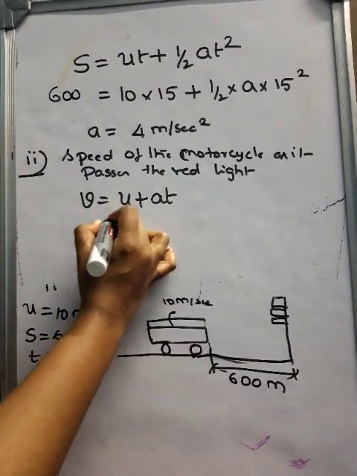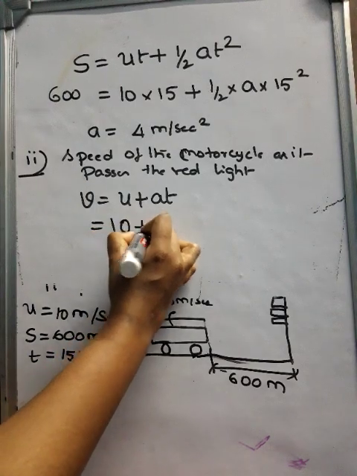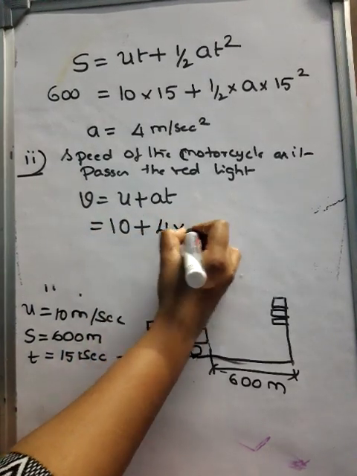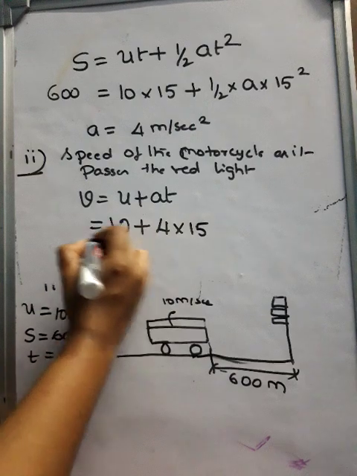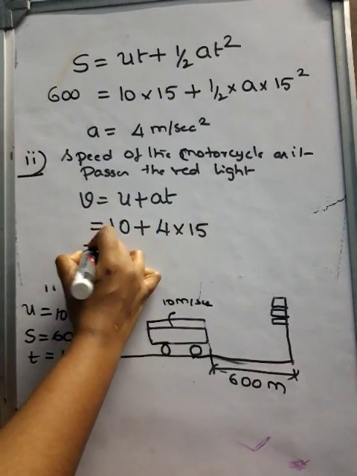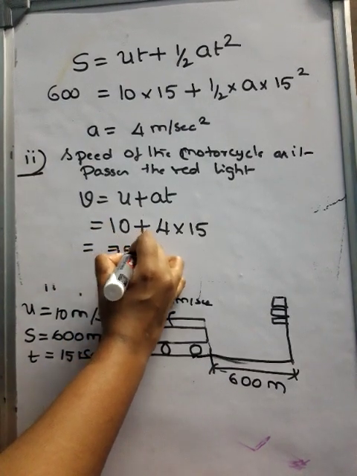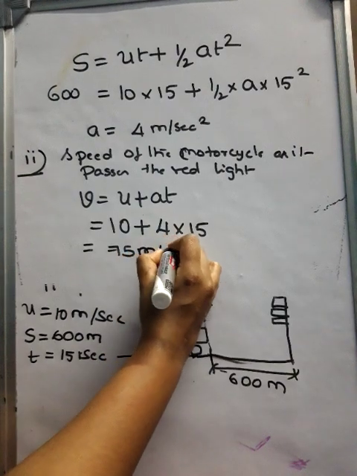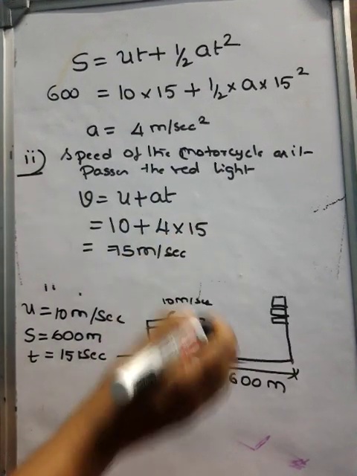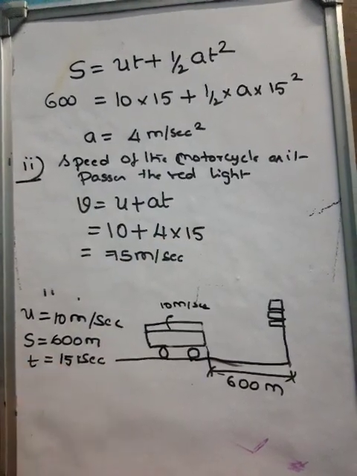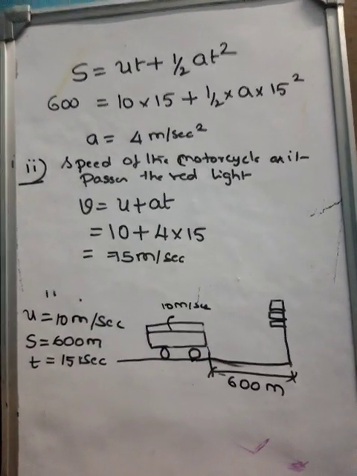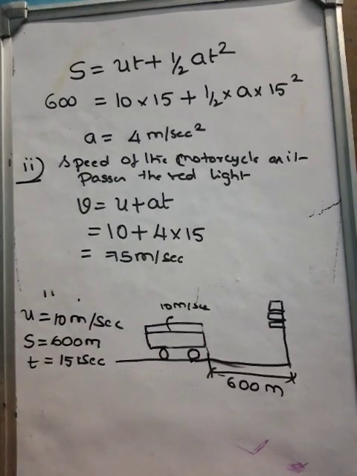So u is 10, a is 4 and t value is 15. So it would be equal to 70 meter per second. So this will be the final velocity, that means the speed of the motorcycle as it passes the red light.